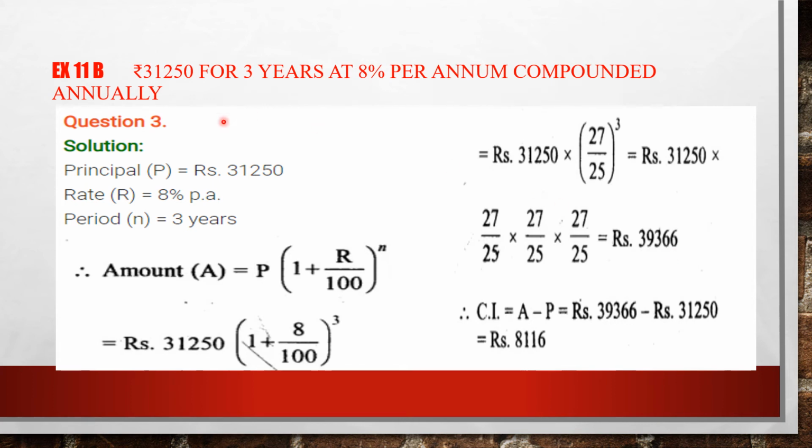So for the principal amount of 31,250, the interest is the amount minus the principal amount, that is 8,116. At the end of the 3 years, the total interest paid for 3 years is 8,116.